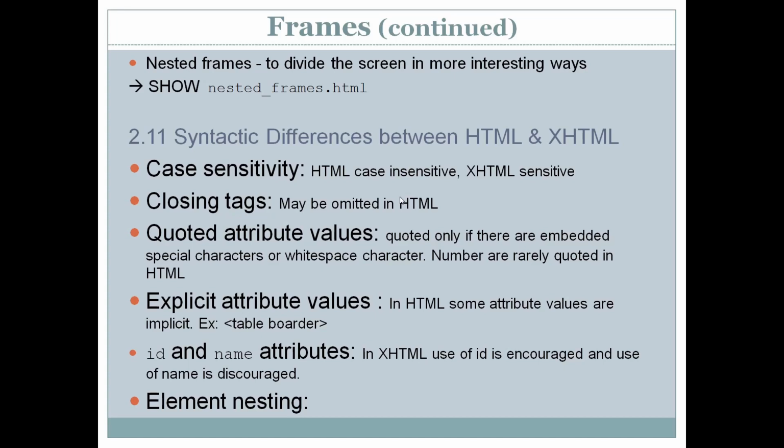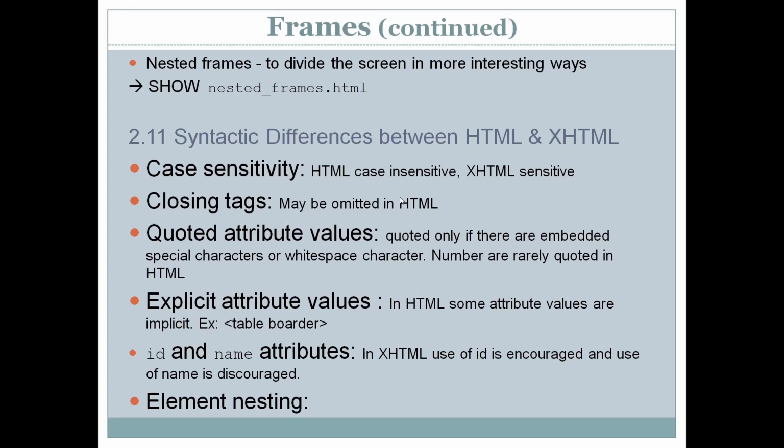Closing tags may be omitted in HTML. For some tags you can even miss the closing tags, or you can omit some closing tags in HTML, but every opening tag should have a proper closing tag in XHTML. So that is required. Third is quoted attribute values.